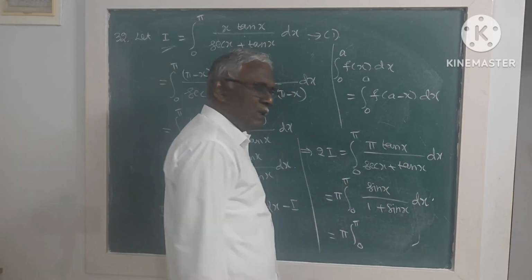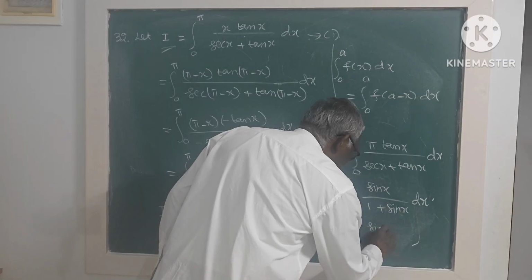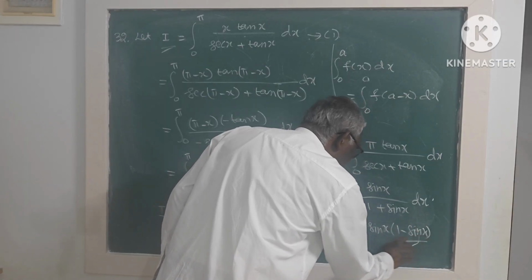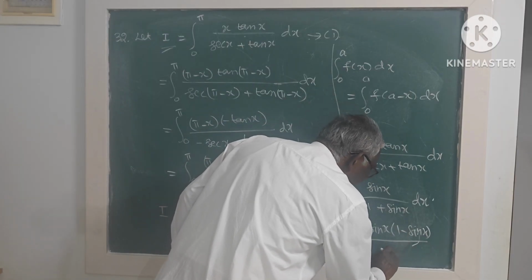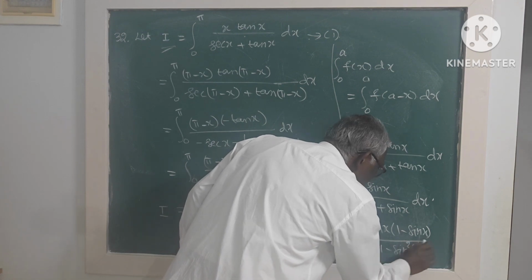We have to make the denominator a single term. So multiply by 1 minus sin x, by 1 plus sin x into 1 minus sin x, which is 1 minus sin square x, dx.